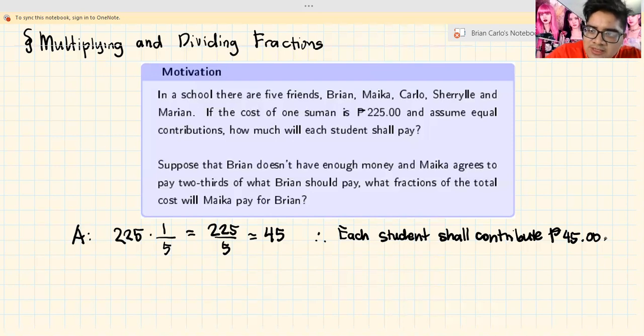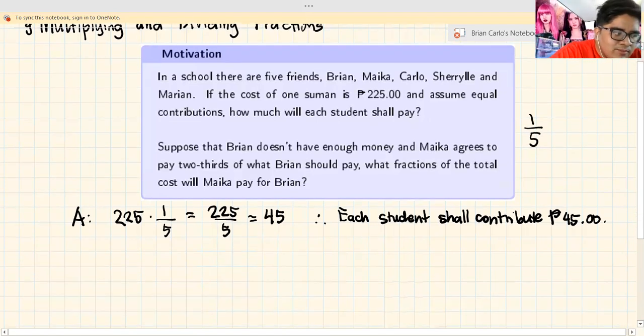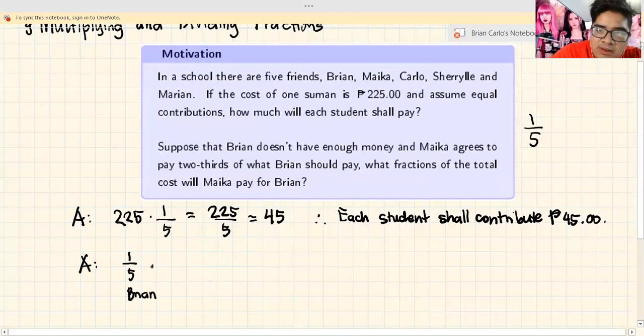Di ba kasi tig-isang student, tig 1/5 sila dun sa pangkabuuan na ambag. So ang ginagawa natin dito usually to attempt this, yung 1/5 yung kay Brian. Ang gagawin natin 2/3 daw ang babayaran ni Micah dun. So we will be multiplying 2/3 dun sa 1/5.